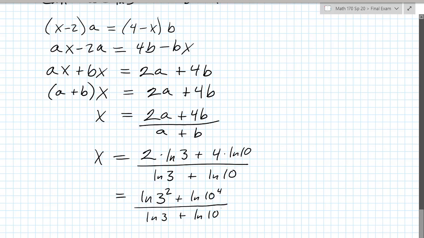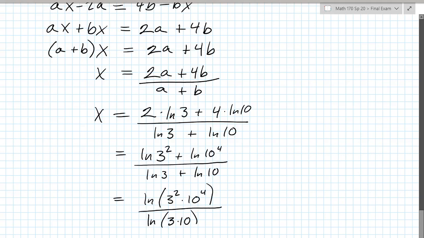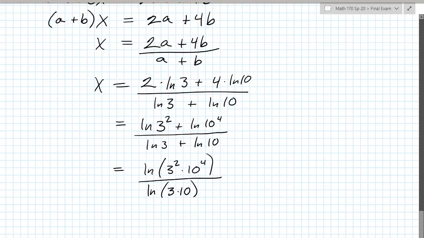And on my next step, I'll use the addition multiplication property to write the ln of 3 squared times 10 to the fourth divided by the ln of 3 times 10. Now, note, the top is the ln of something and the bottom is the ln of something. We don't have any properties of combining those, so I want to leave my answer in this form.